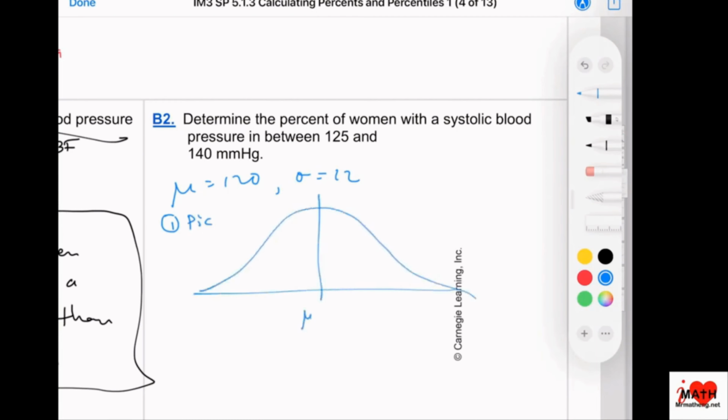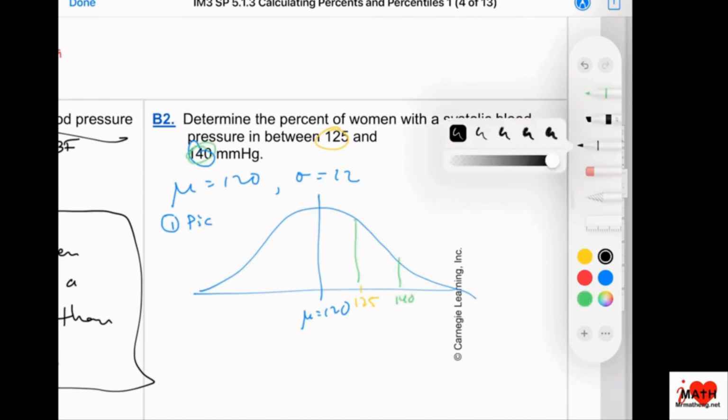And our mean here is 120. 125 is here. And 140 is here. This is green. So basically we want to find this region here in yellow.